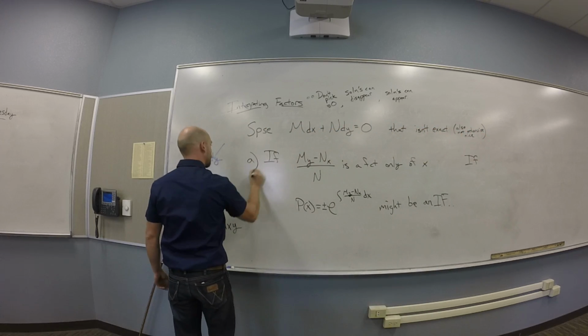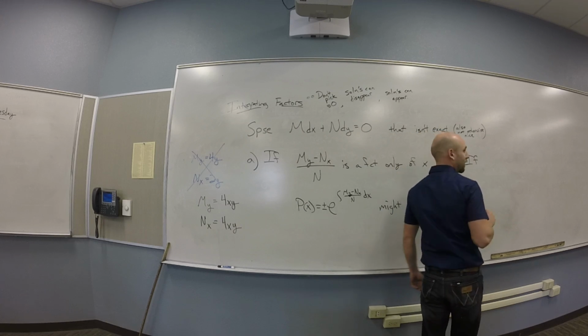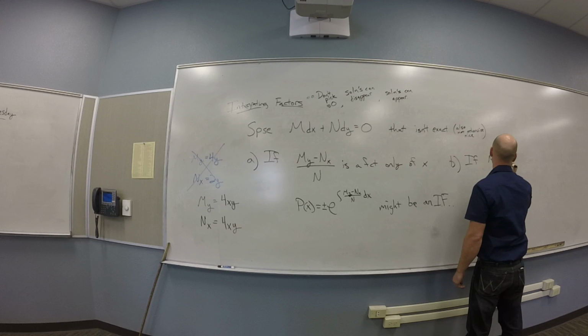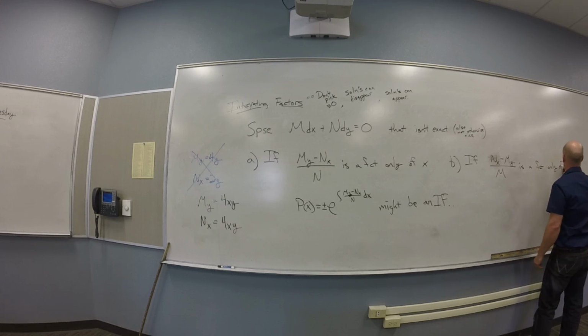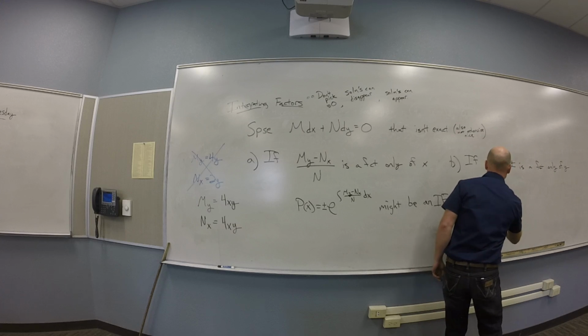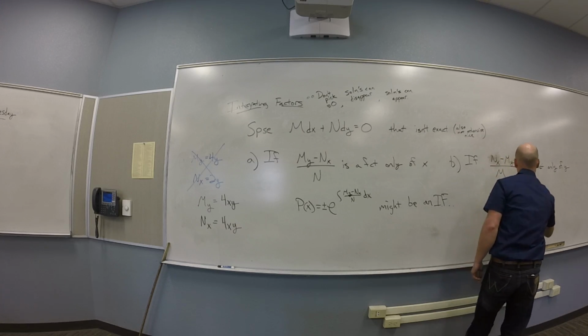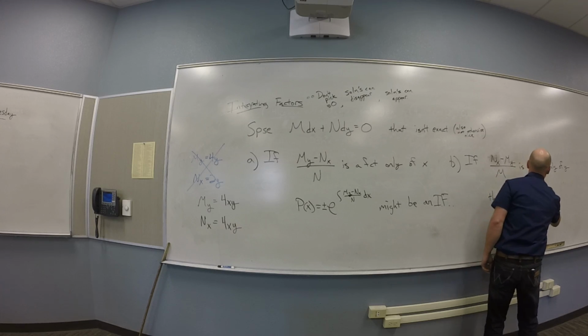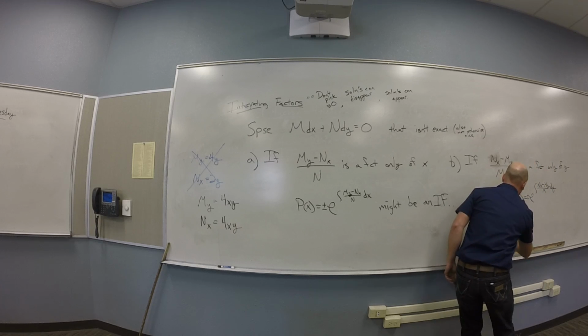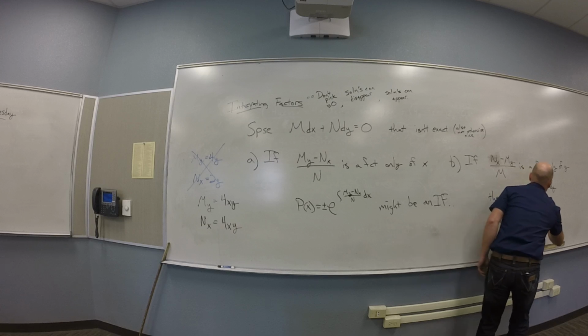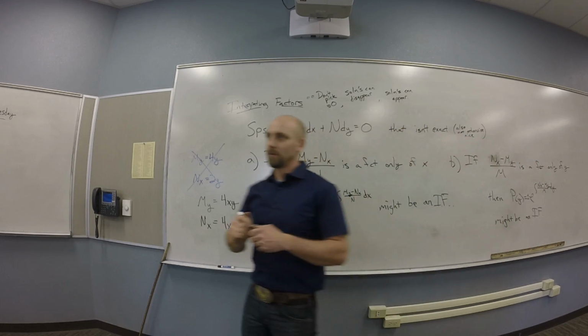It should be noted that your book calls this case A and this one case B. So in case B, if (N_x minus M_y) over M is a function only of y, then mu of y is plus or minus e to the integral of that stuff dy, and that might be an integrating factor. You guys cool with that?